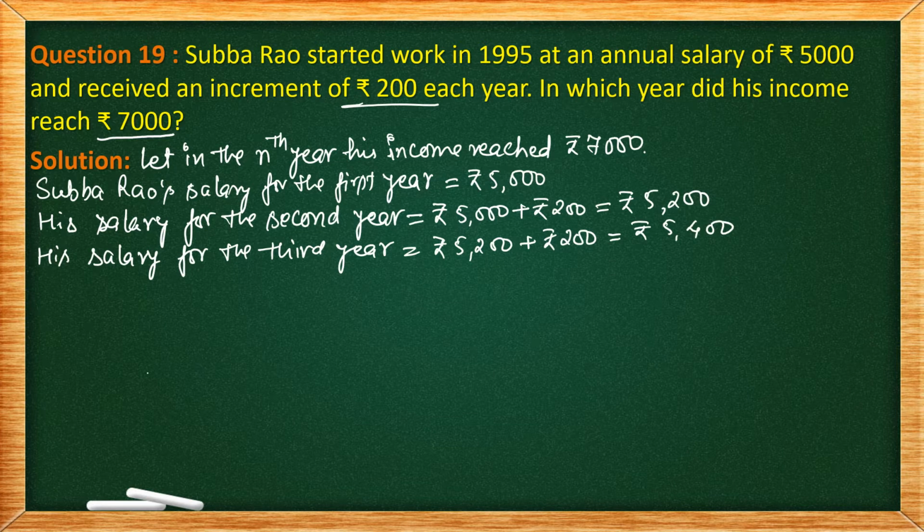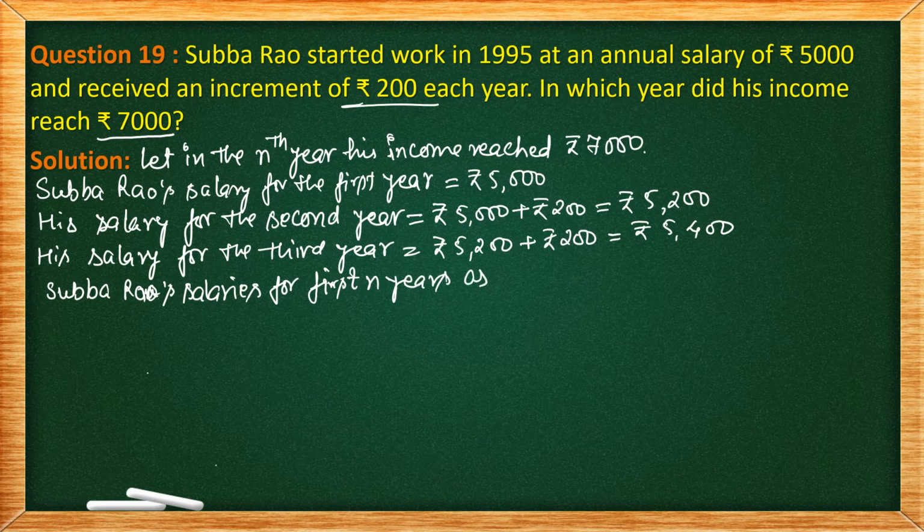We can see Subba Rao's salaries for the first n years as 5,000, 5,200, 5,400 up to 7,000.